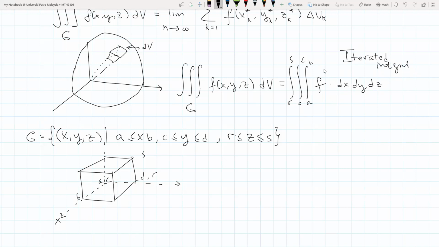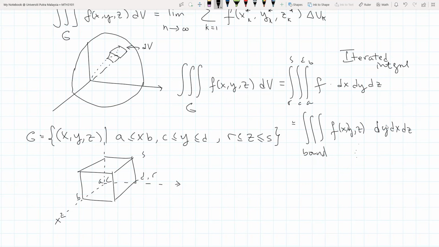Just do the same thing. And you can also have, I don't want to write the whole thing, but you can understand it already, these are the boundaries, f(x, y, z). I can also have dy, dx, dz, and so on. So you can have five different combinations.